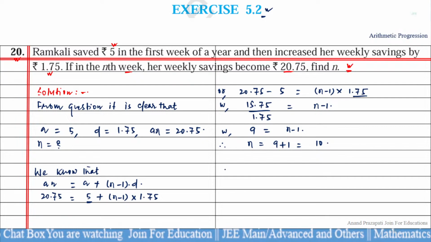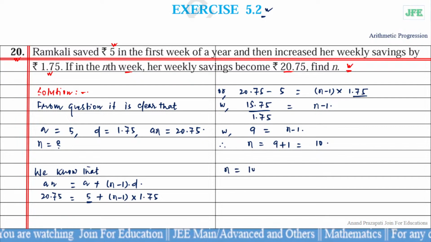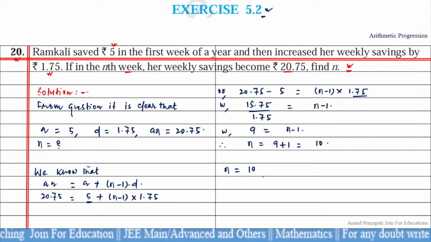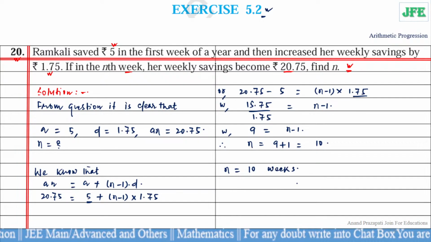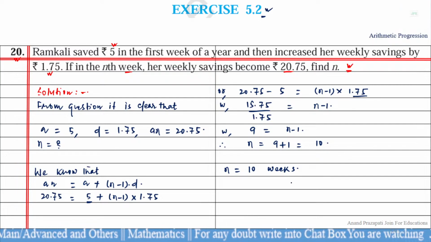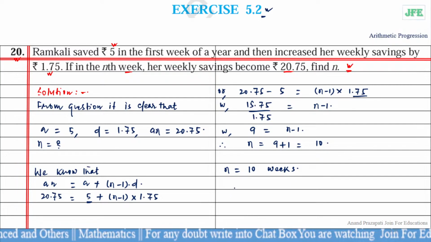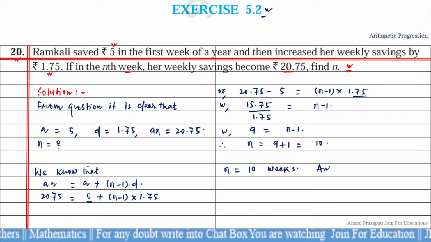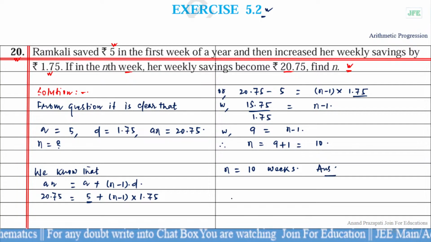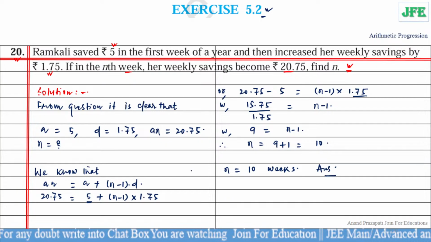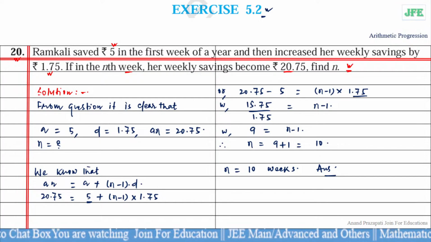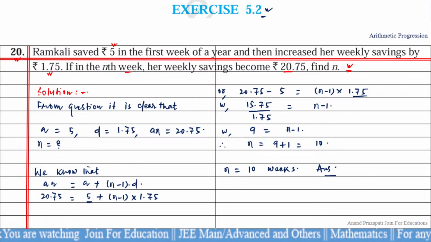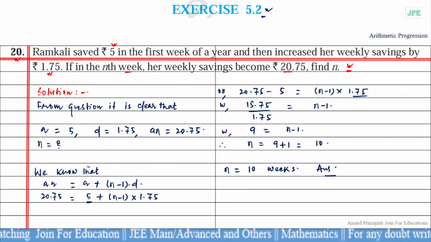So here n equal to 10 weeks. So this will be the answer of this question. So note down the solution of this question and hope that there is no problem to understand the solution as well as the explanation of the solution of this question.